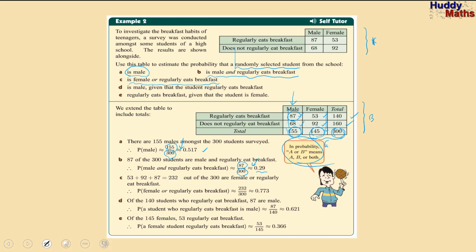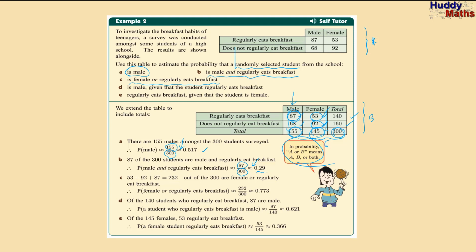So let's look at all the females. So we've got the ones that regularly eat breakfast, 53 and 92. So that's the females who regularly eat breakfast, and the ones who are just female who don't regularly eat breakfast. But then over here you've got the 87 of other people who regularly eat breakfast. So that's the males. So we've got to cover all categories.